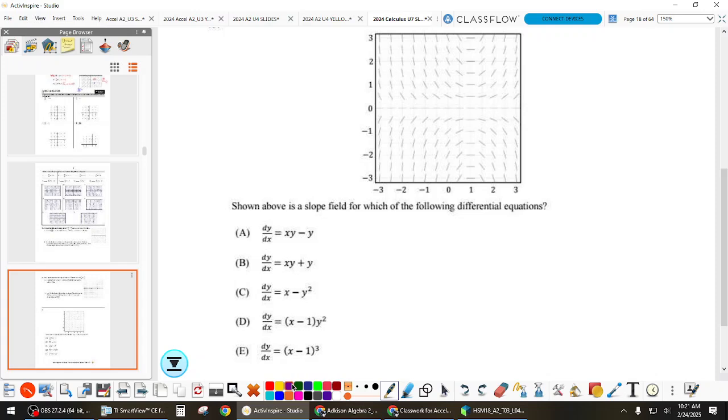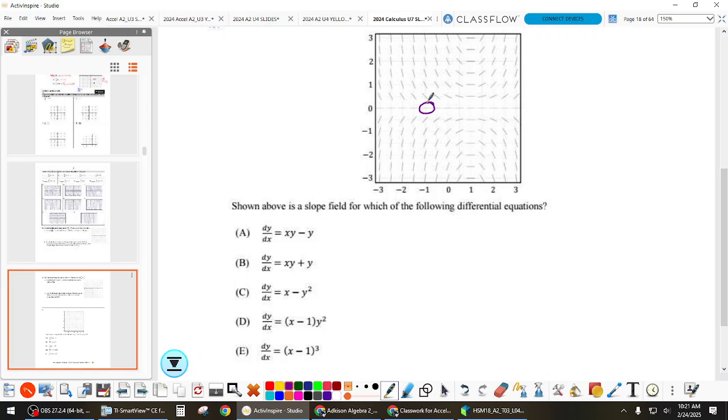Okay. Well, a good place to start is certainly any of those, like all these horizontal. So the slope is 0, which is true here as well. And then you can start eliminating some. If we pick -1, 0 and just start plugging it in, we know the slope there is 0. So whichever answer it's going to be has to give a slope of 0. So we'll start with A just to see if it's a candidate. If I plug in -1 times 0 minus 0, that works.